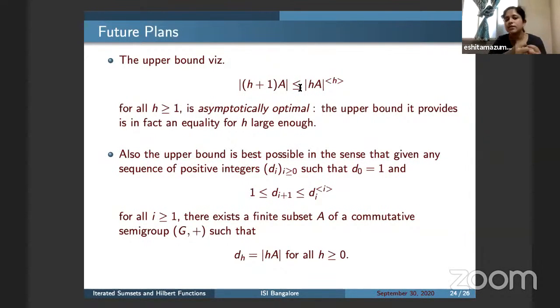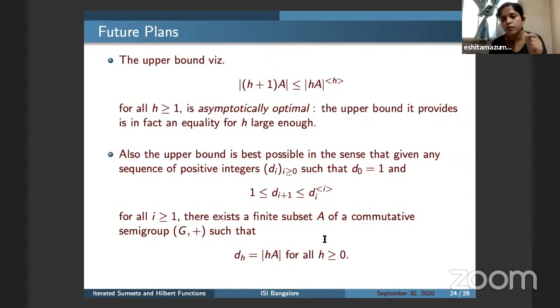Suppose, given any sequence of positive integers, it happens that d_0 is equal to 1, and d_{i+1} is greater than or equal to 1 and less than or equal to the bracket-i power of d_i. Then there exists a finite subset A of a commutative semigroup G such that d_H is equal to the cardinality of HA.